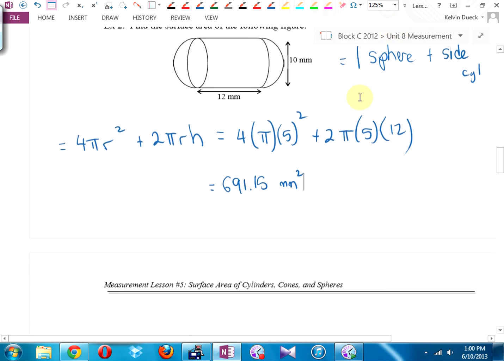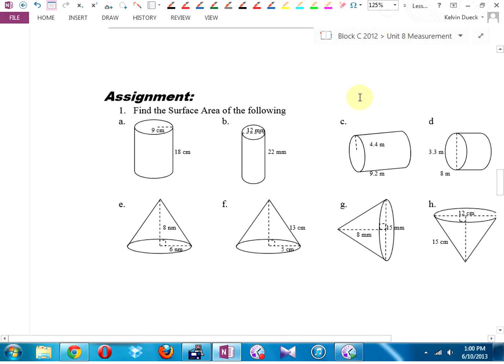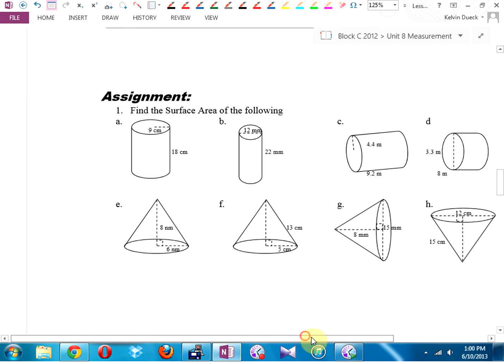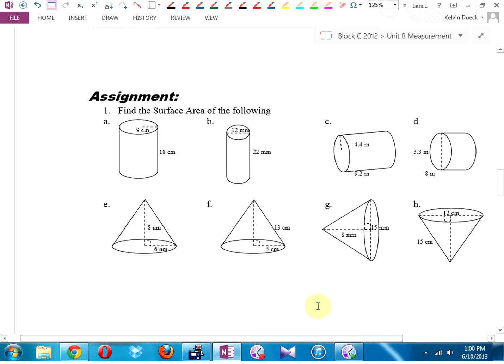What's your homework? First of all, from this assignment. You got 15 minutes. Quit your whining. You got lots of time. You can do 1A. You can do 1C.